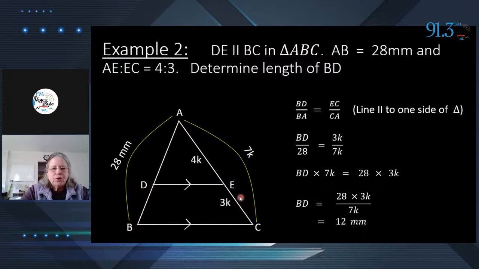And it is important that you understand that there are various flavors of this. So this is a short to a long and a short to a long. So now we just fill in. We need BD and AB or BA, which is 28 millimeters. We fill it in. Equals EC is 3K over CA is 7K.